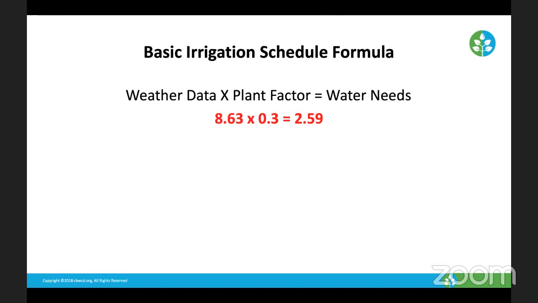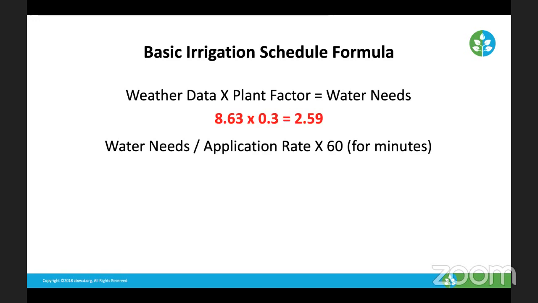So that's 8.63 from CIMIS times 0.3, our low water use plants, and that gives us 2.59 inches.